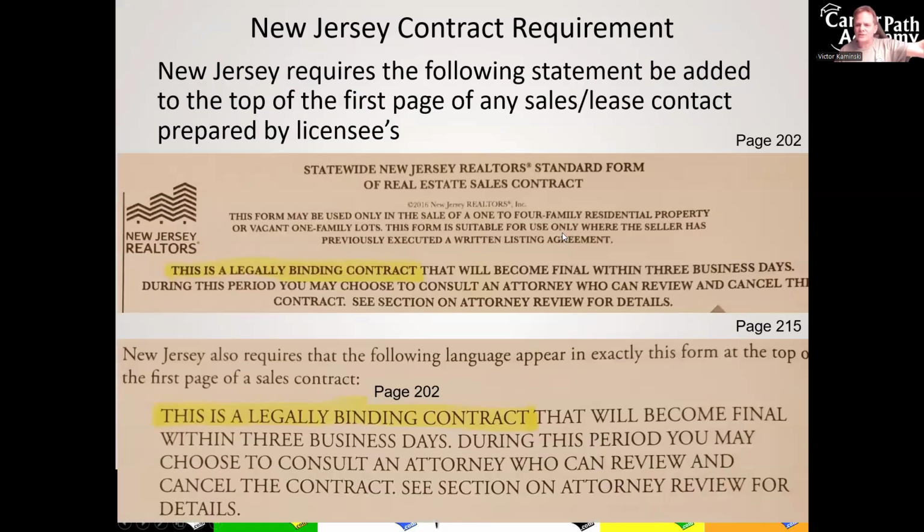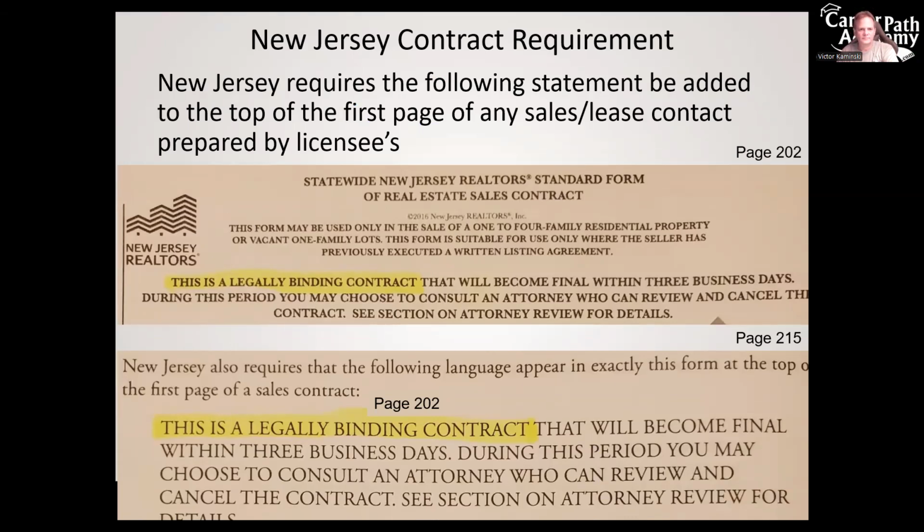Oh, here, I got screenshots from this too, like from the top of a sales contract. Where's the contract required?